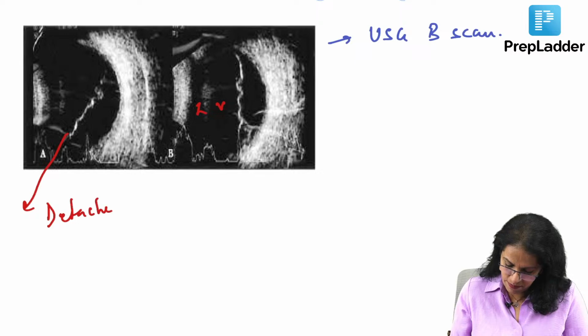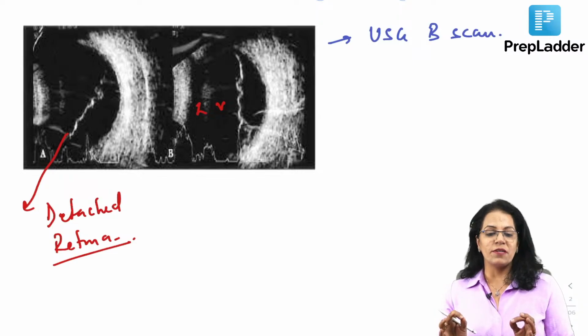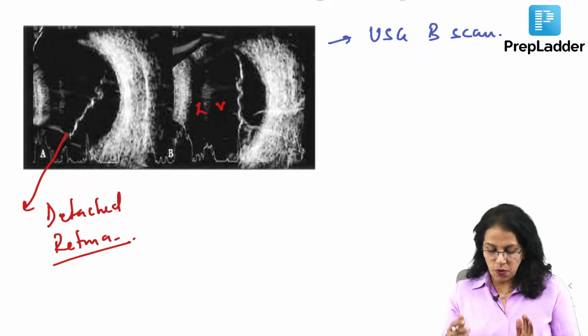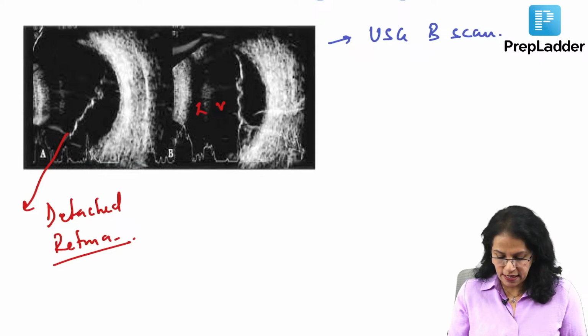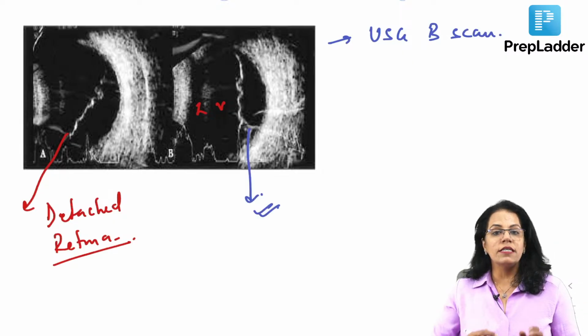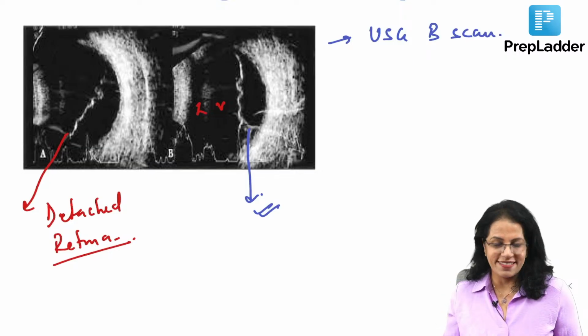What is very important to understand, this is one of my favorite images no doubt, because it helps us retain this very important point. Why these two images, why not a single one? It shows that in one posture of the head, the detached retina was like this, and in another posture of the head, the detached retina is like this. So it has changed. Why? Because of the fluid. Where is the fluid? In the subretinal space.